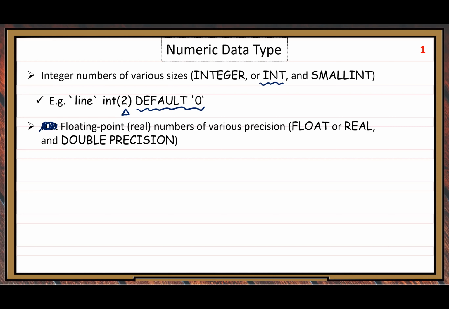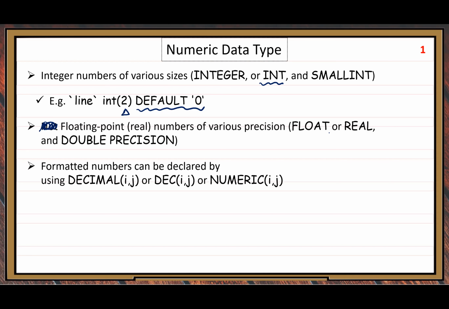Floating point: real numbers of various precision. For floating point, we need to provide precision information. You can use float, real, double. Although shown in capitals here, most of the time people use lowercase. Double precision, double.